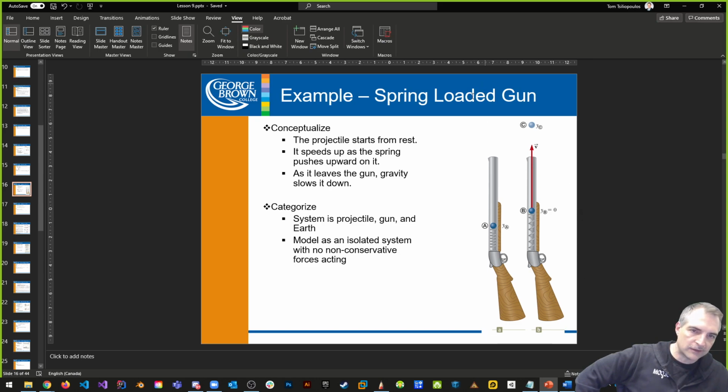When the velocity is 0, it's going to have the maximum gravitational potential energy at the top, right? And we're going to have the minimum kinetic energy, because it's going to stop. The ball bearing is going to stop at the top, and then it's going to start going back down to the bottom. And it's going to transfer between gravitational potential energy into kinetic energy again, just like the previous example.